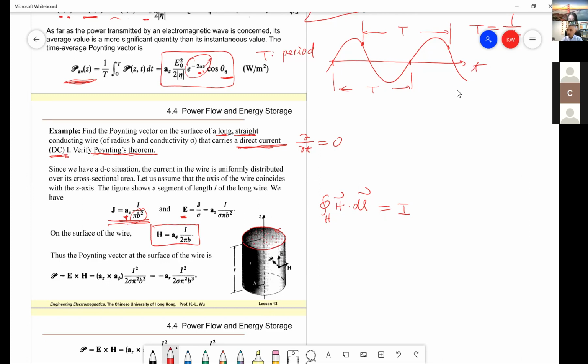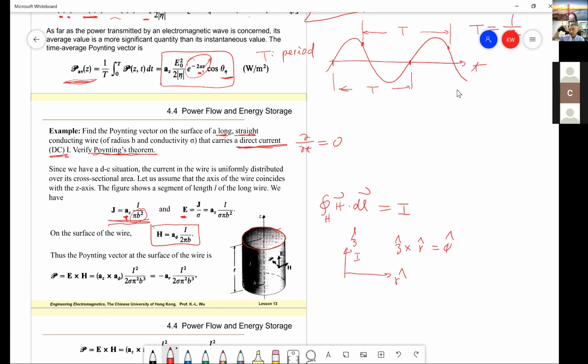Then we know, using the Biot-Savart law, that H is in the direction of current cross R. Current in the Z direction, this is the R direction. Z cross R is in the phi direction.